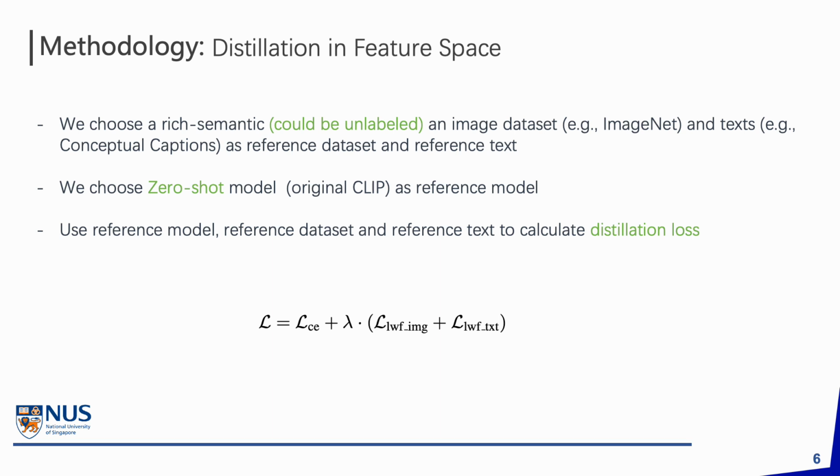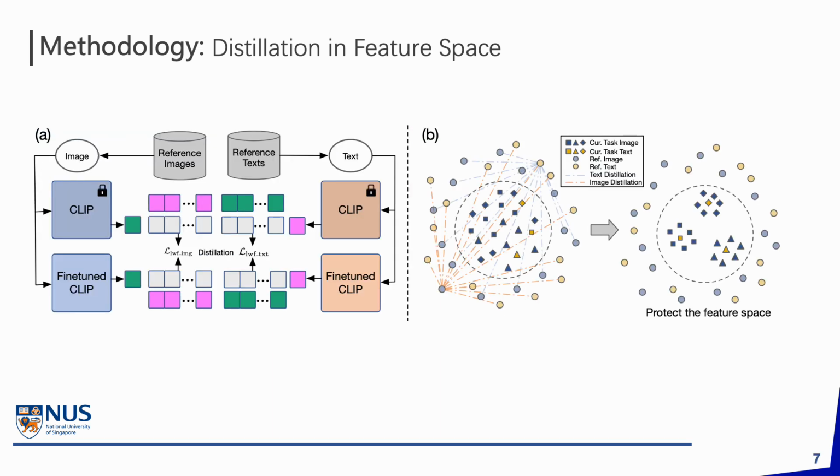We choose a zero-shot model, here the original CLIP, as the reference model, and use the reference model, reference dataset, and reference text to calculate the distillation loss. The left figure here is the loss computation for our distillation in the feature space, while the right figure shows how our method protects the feature space during training.